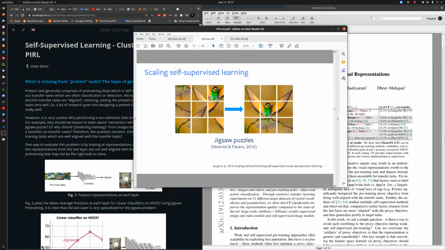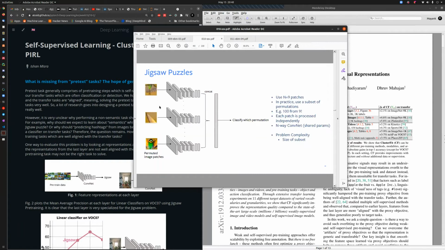Then this is with respect to the scaling of the jigsaw puzzles, and how can we scale them. As you can see, there are permutations done here with respect to the image patches, and it classifies. This is a nine-way classification, where each patch has to be inputted through the network.